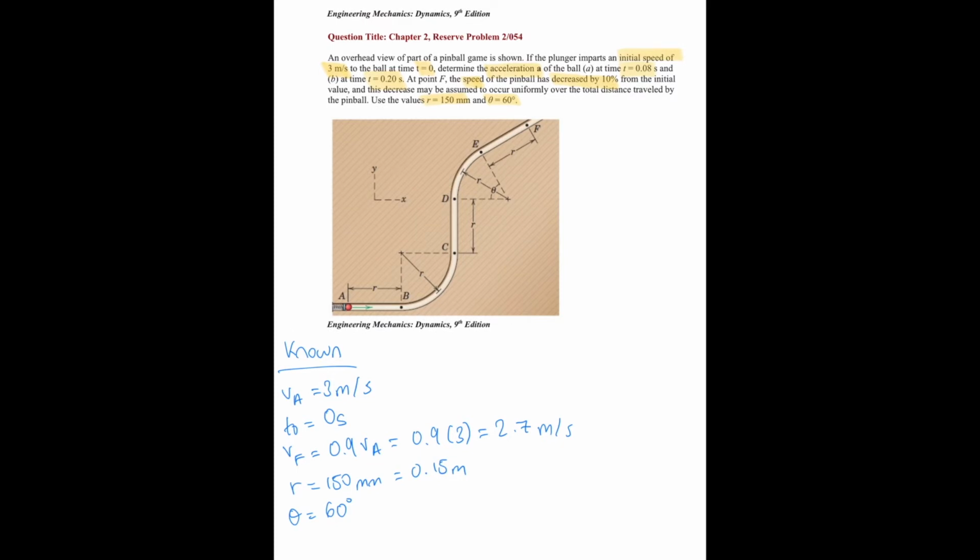Now, we want to find the total distance traveled by the pinball. To do that, we have how many r's? We have 1, 2, 3 r's. We have a quarter circle over here, the circumference of a quarter circle, and the circumference of another curve with the theta known and the r known.